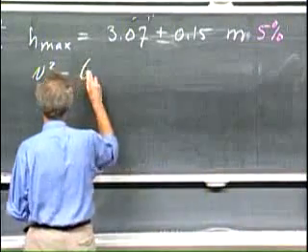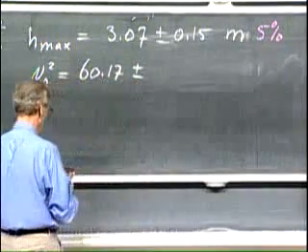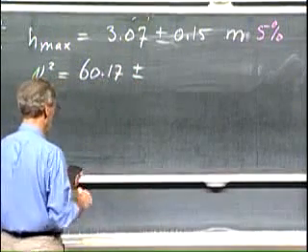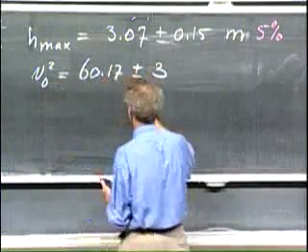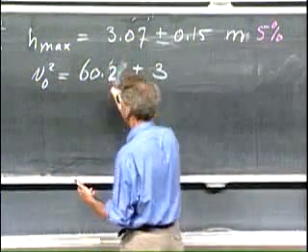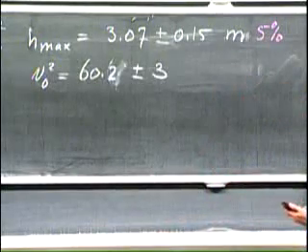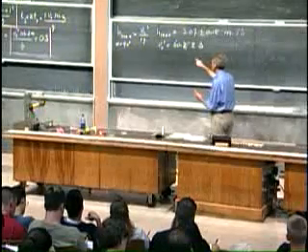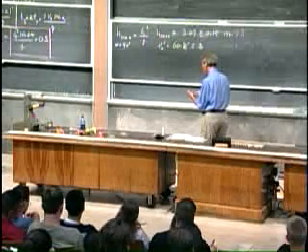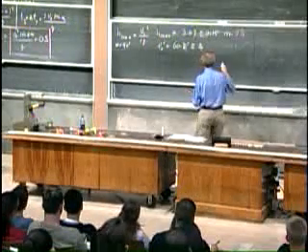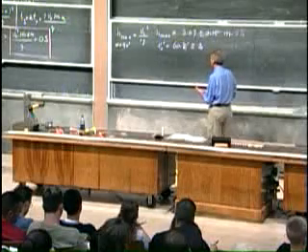I'd like you to check that. 60.17 plus an error of 5%. That is an error of 3. So you might as well make this 60.2. Would you please confirm that I didn't make a mistake? 3.07 is H max. I multiply it by 2, by 9.8. The 60.2 has a 5% error, and a 5% error is indeed 3.